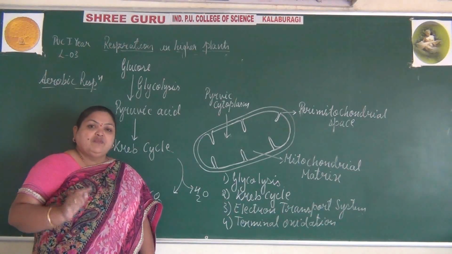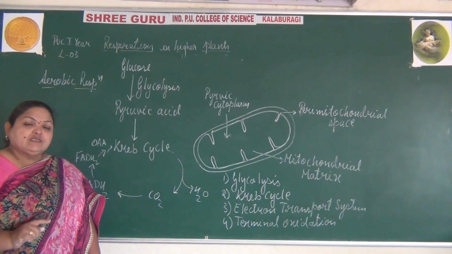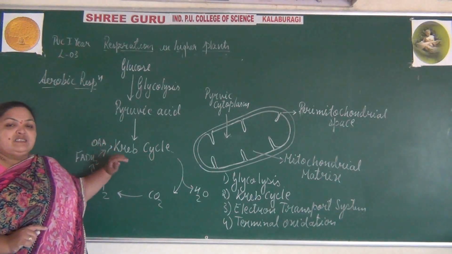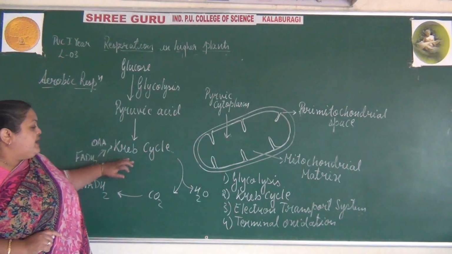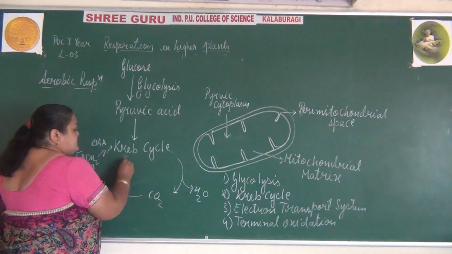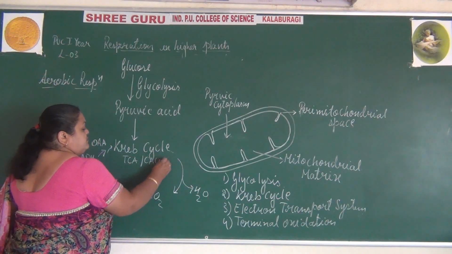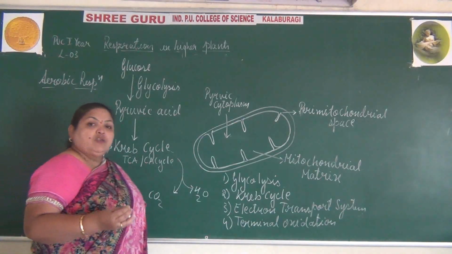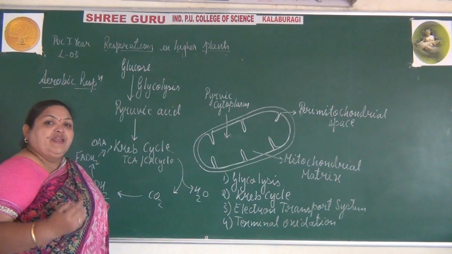So in the next class we will deal with aerobic respiration. Common process is glycolysis. Already the 10 steps we have studied. Now the pyruvic acid that has been synthesized in the cytoplasm enters the Krebs cycle, or we call it TCA cycle, or citric acid cycle, where the ATP molecules, NADH and FADH are released.